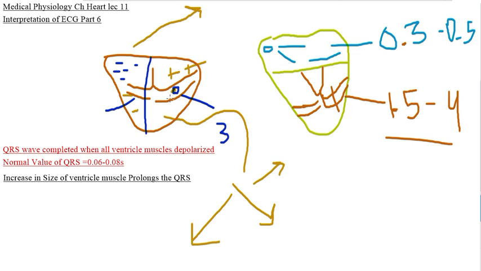So you must know what is the speed of conduction of Purkinje fiber and in atrial muscles, and what will happen if any Purkinje bundle branch blocks. It means that if a blockage exists in this branch, then this ventricle conducts at the speed of 0.3 to 0.5 meter per second, like atrium.